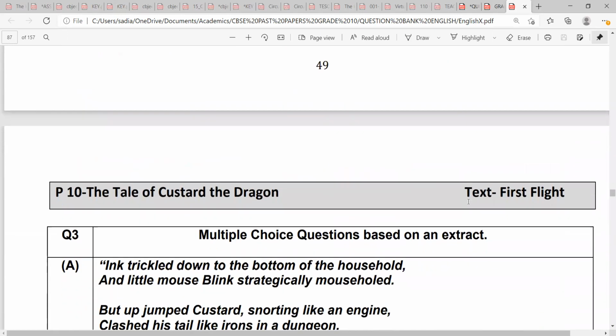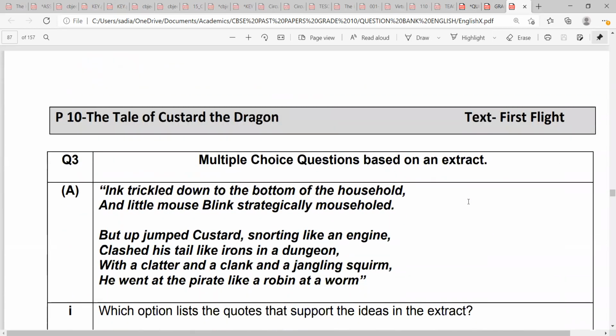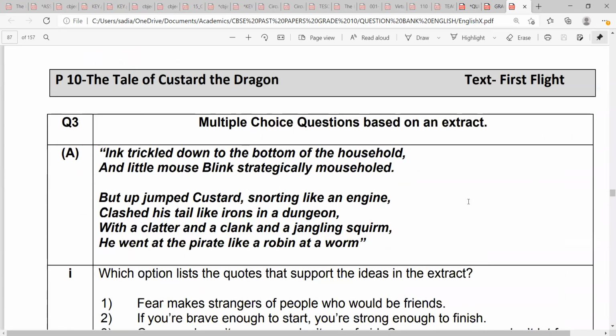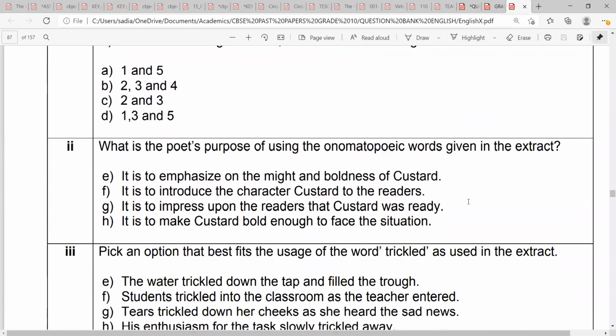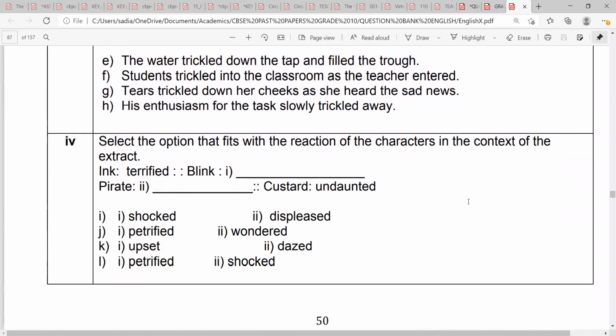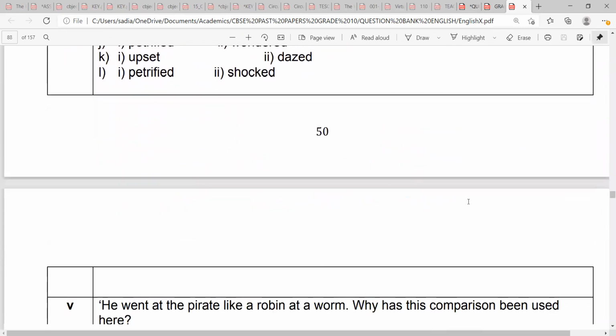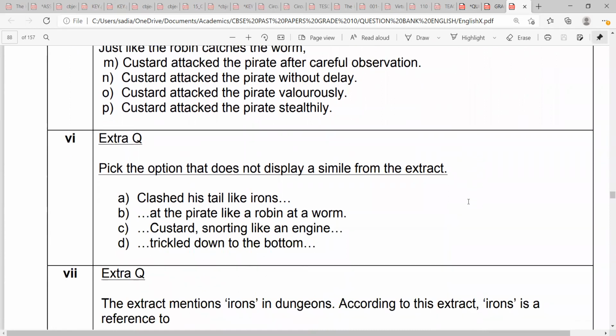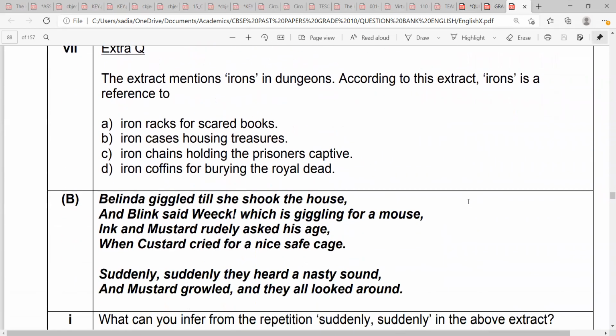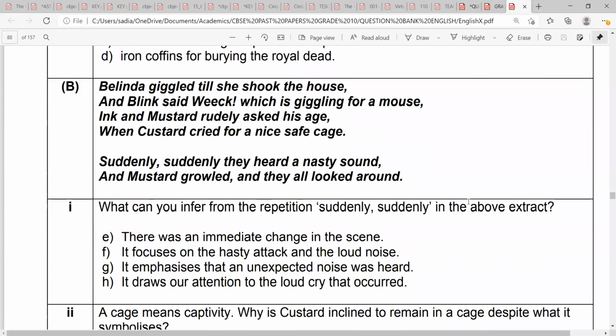Then we have the tale of Custard the Dragon. The text, first flight. Read carefully. Read the questions. Extra questions. Read the text.